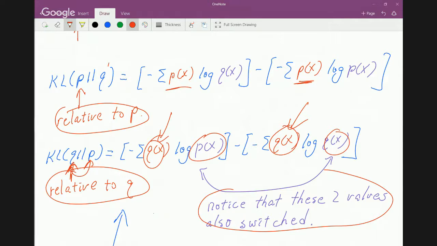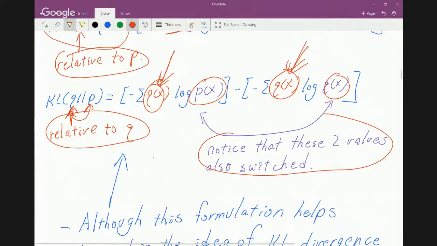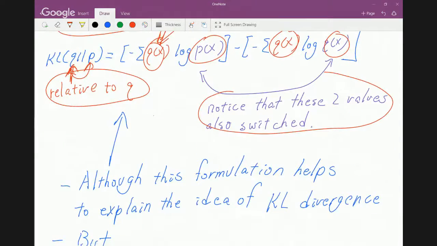So if you know entropy, you essentially can know what KL divergence is of two probability distributions. You're basically finding the difference in entropy, and depending on which one you're taking with respect to, you have to make sure you use the probability correctly. So the equation is actually really intuitive and self-explanatory.